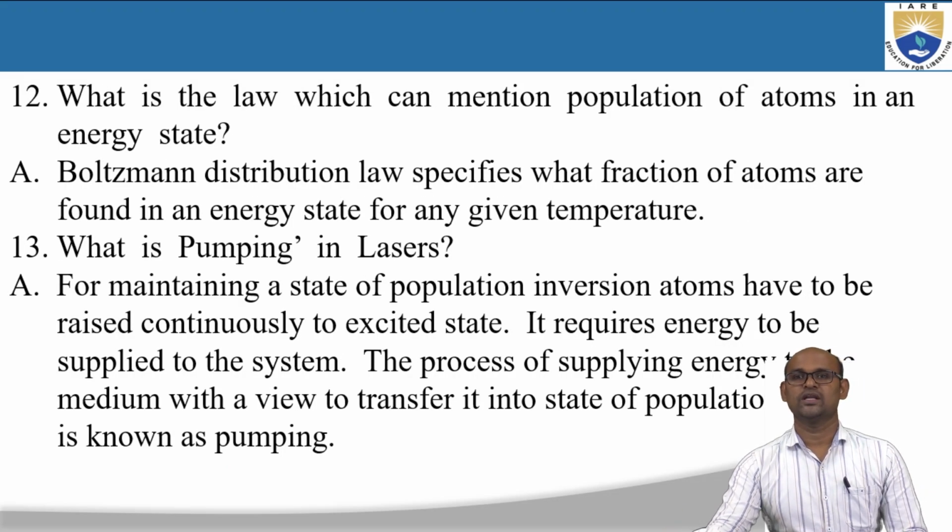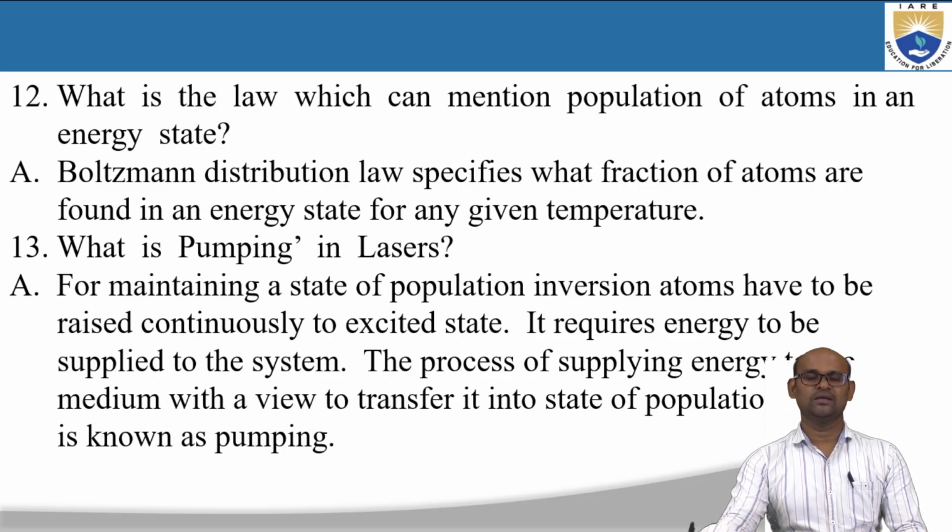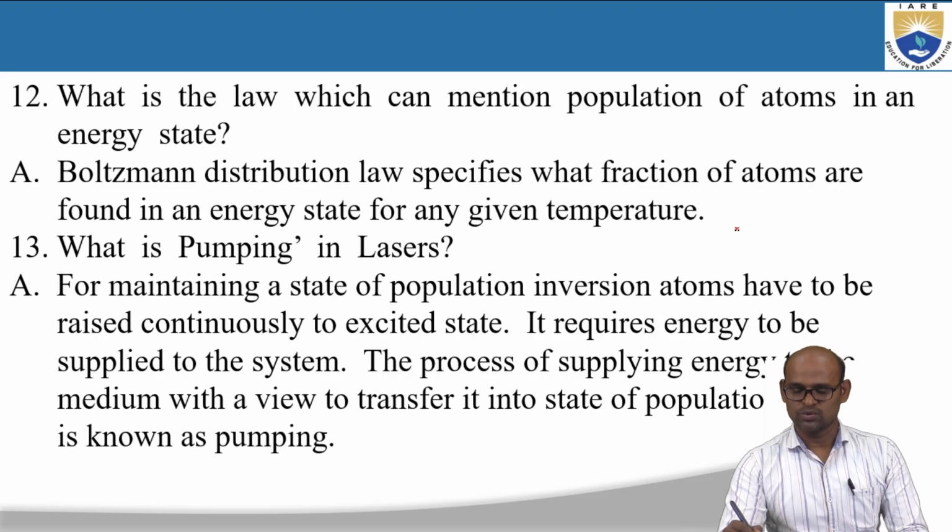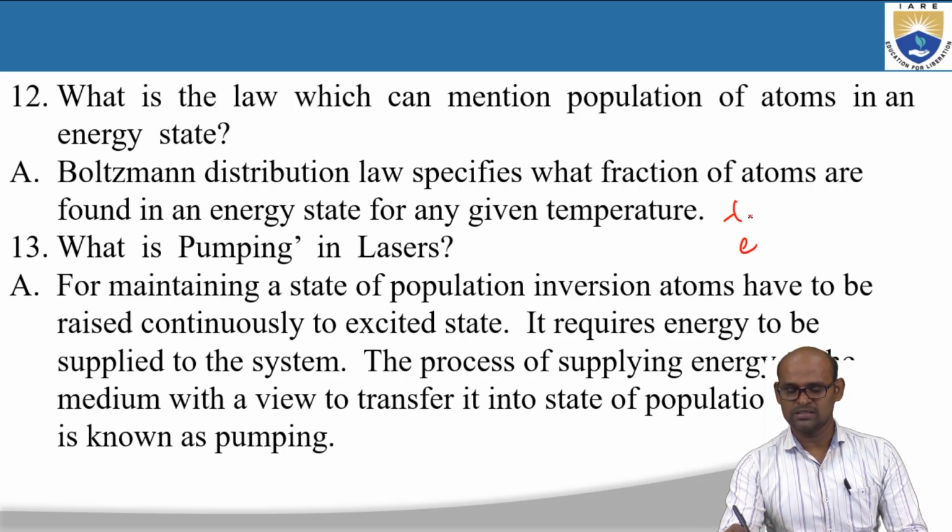What is the law which can specify the population of atoms in an energy state? Boltzmann distribution law specifies what fraction of atoms are found in an energy state for any given temperature. Okay, so that is exponential of minus (E2 minus E1) by kBT.